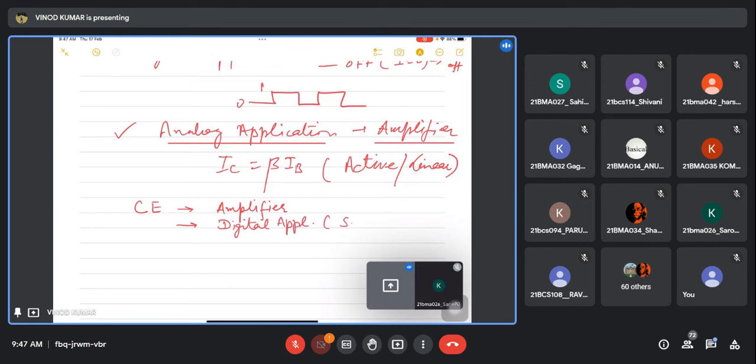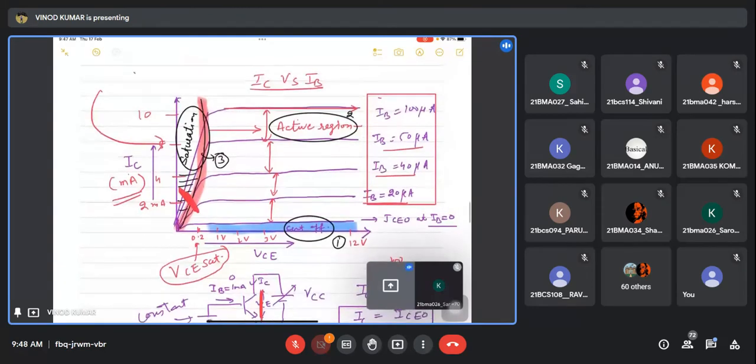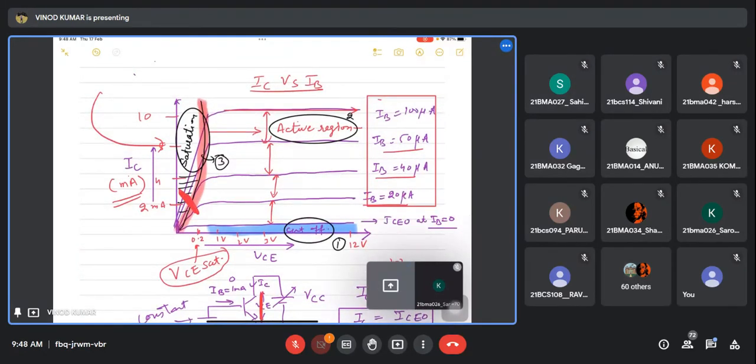For digital, we know saturation and cutoff; for amplification, the active region of operation. This is a key point to understand, because ultimately this is what we are going to use in applications.